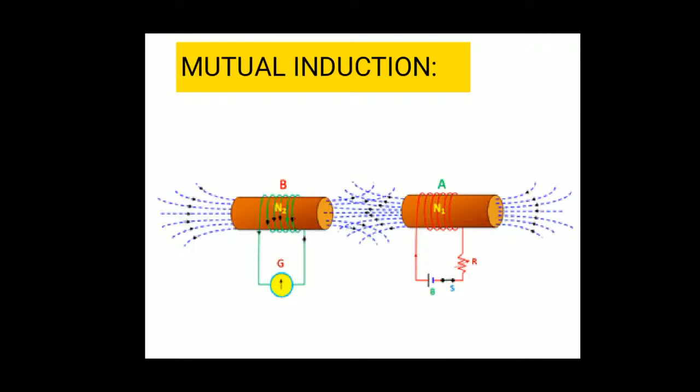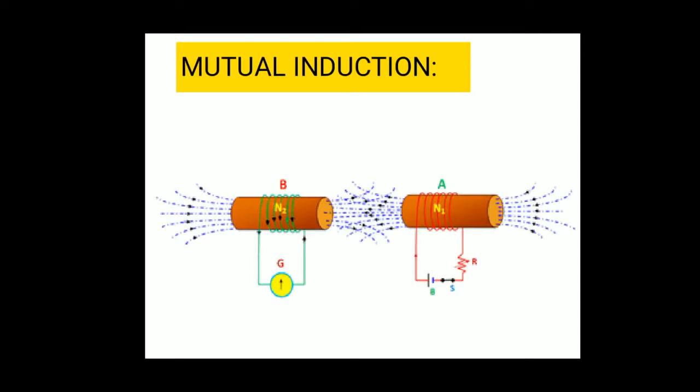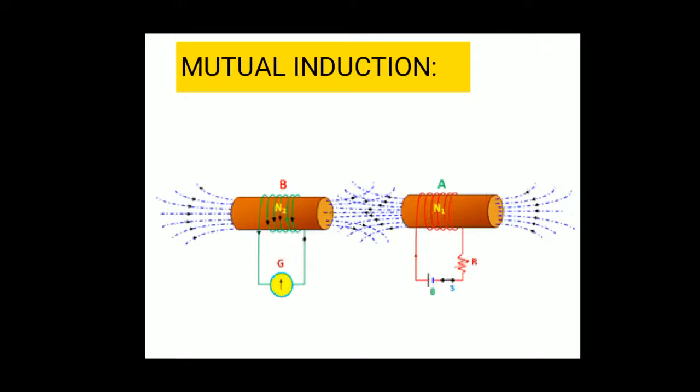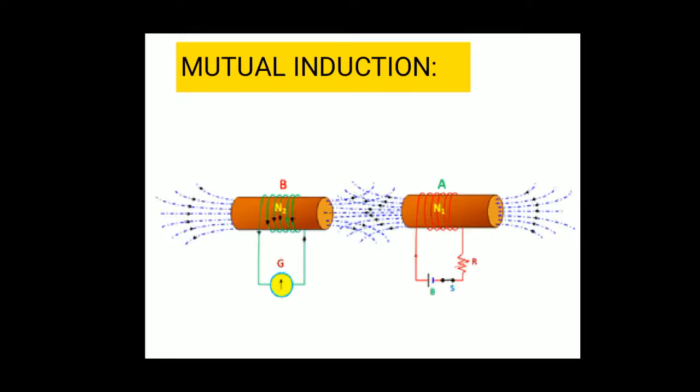So we have two coils here, A and B, primary and secondary, placed side by side without touching each other, in the same plane. The coil A is connected to a battery in series with a switch, that is a tap key, and the coil B is connected to a galvanometer.